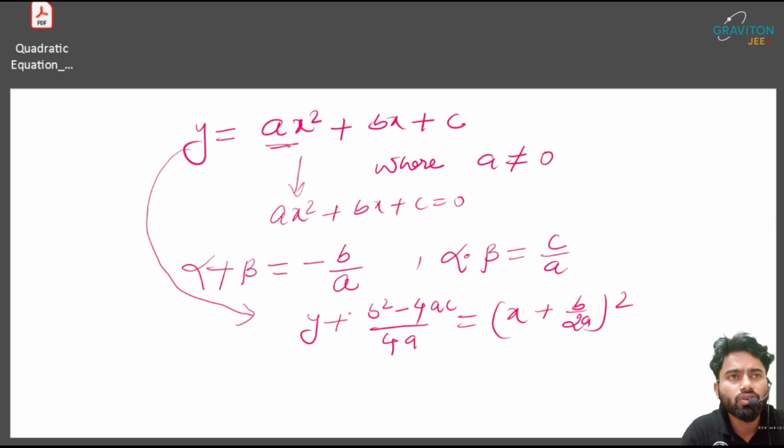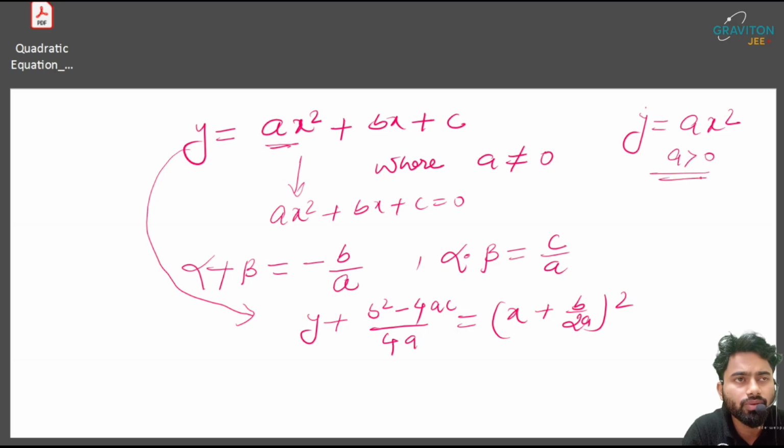I also mentioned the parabolic structure: if a is positive, the parabola is facing upward, and its vertex is where x equal to 0 or y equal to 0 in geometrical meaning.